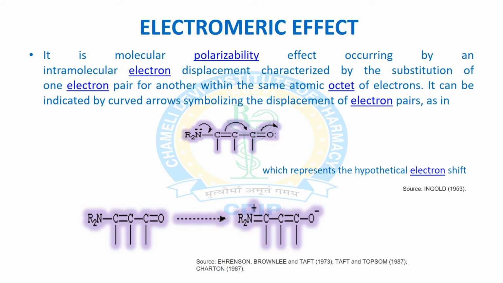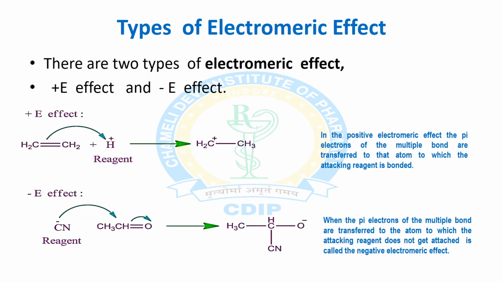You can see that whenever a reagent approaches this molecule, there is a shifting of the electron pair. This complete electron pair shift is known as the electromeric effect, and there is development of a plus or negative charge on the respective atoms where the electrons take their position.